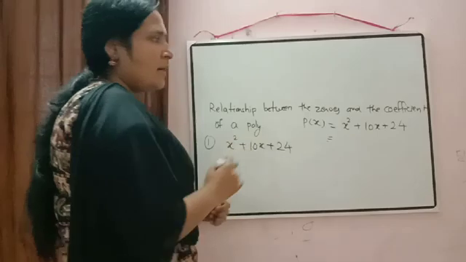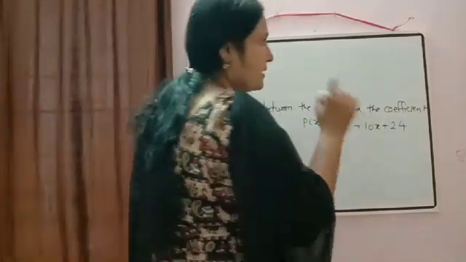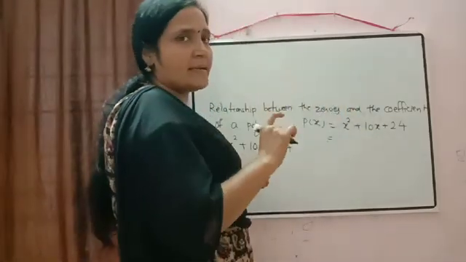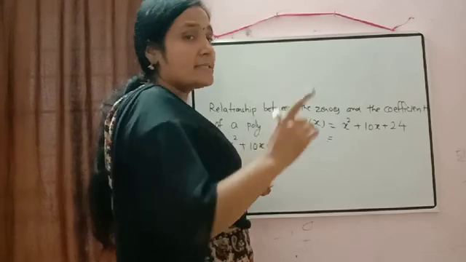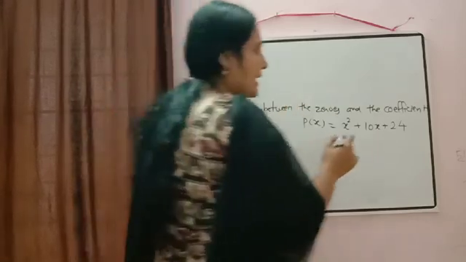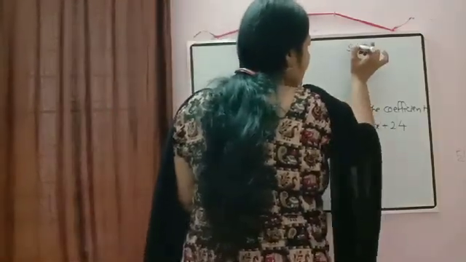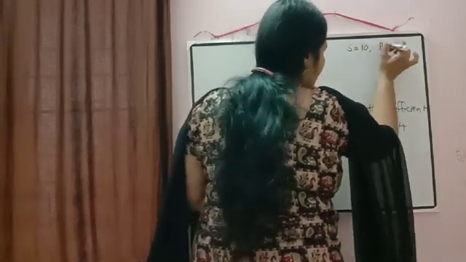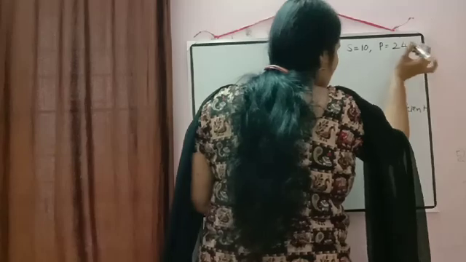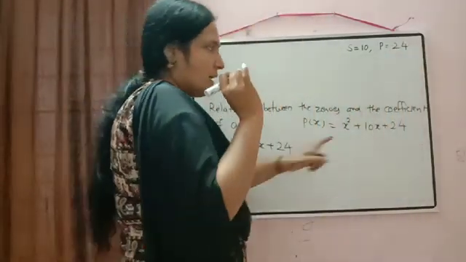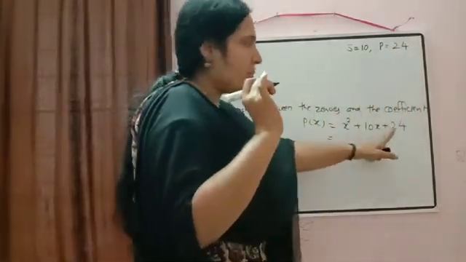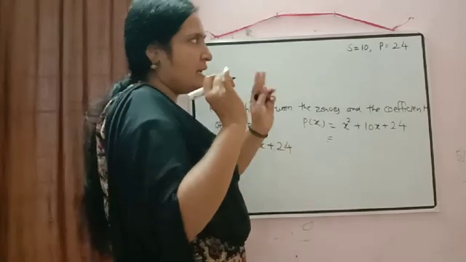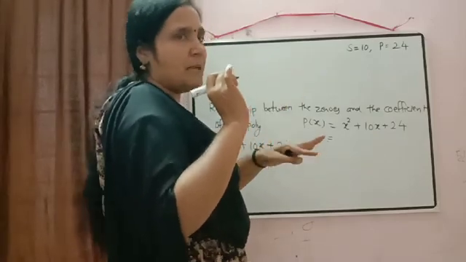Okay. Now while doing questions related to splitting the middle term, the concept should be clear to you. Here we have to split the middle term such that the sum is equal to 10 and the product is equal to 24. Sum is positive and product is also positive, means both numbers should be positive.